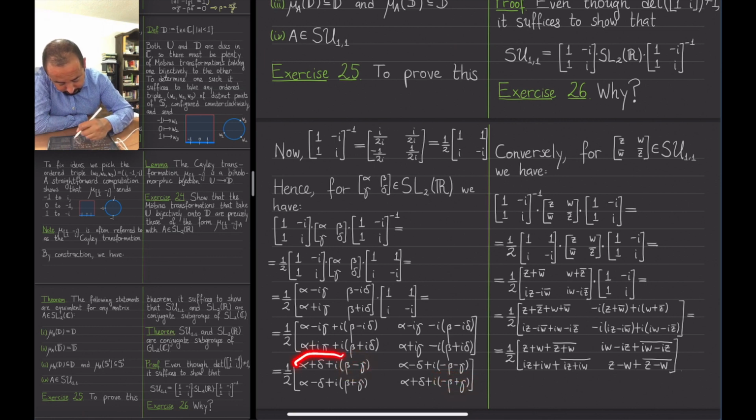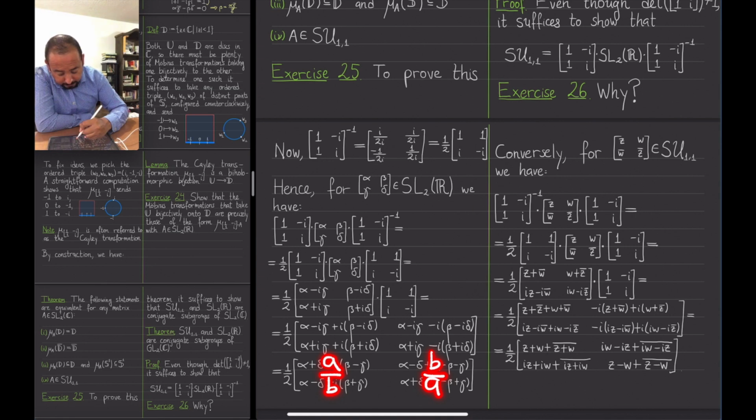So these ones are conjugate, and similarly, this one is minus this one, and that's all the difference between this and this. So they are conjugate. So let's say if this was A, this is A conjugate, and if this is B, this is B conjugate.